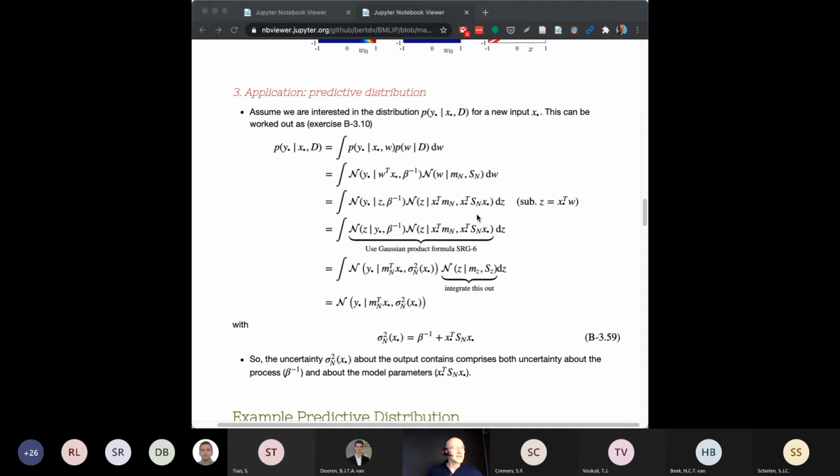And this is what happens. You can look that up. The variance of W, if I multiply with a matrix, in this case just X transpose, then the new variance is going to be X transpose SN X bullet. Just go back to the class on the Gaussians, then you'll see that that's how that happens.